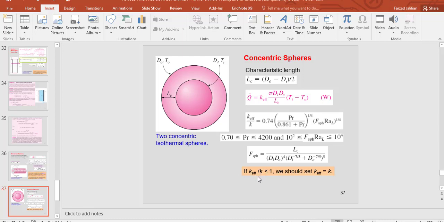We don't have a reduction in the heat transfer or the thermal conductivity due to convection. So when K effective divided by K is less than 1, we should just put K effective equal to K. In other words, K effective should equal K.